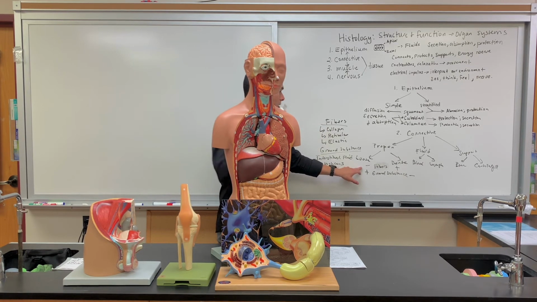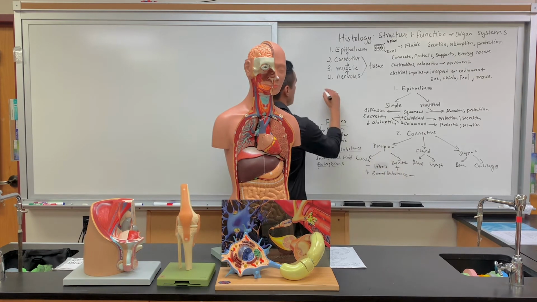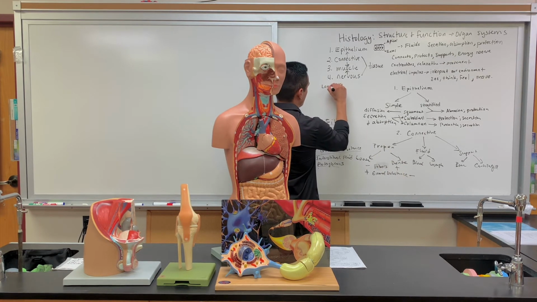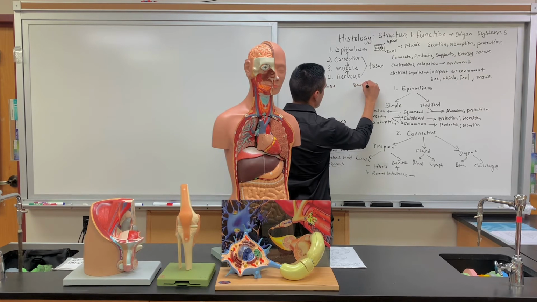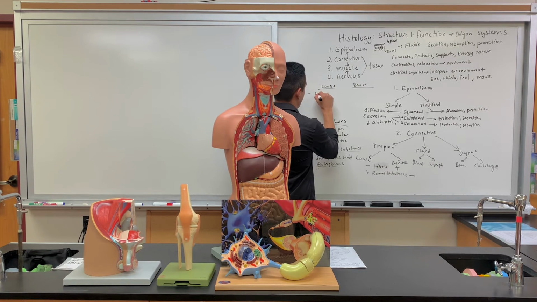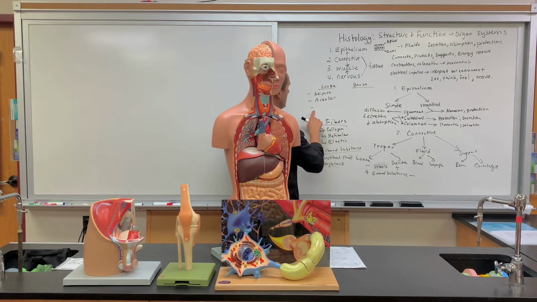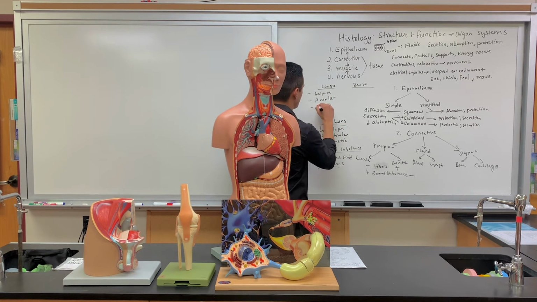All right, so now let's go up and talk about the different subcategories between loose and dense. So when we have loose and dense over here, what are the subtypes found within loose? With loose, you have adipose, areolar, and then the last type of loose is reticular.